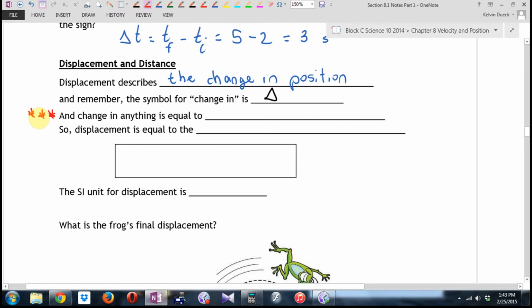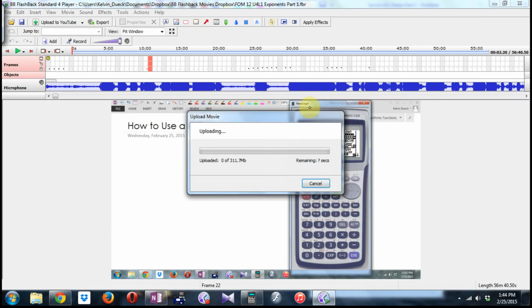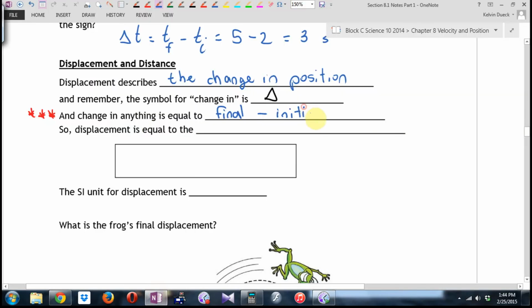Or change in position, or change in time. Or if you take physics next year and they ask you for change in acceleration, you'll know what to do. Or change in voltage, or change in momentum, or change in anything. Change in anything is always equal to final minus initial.